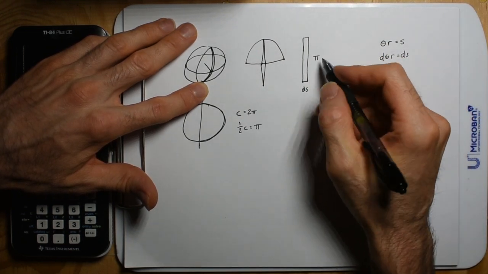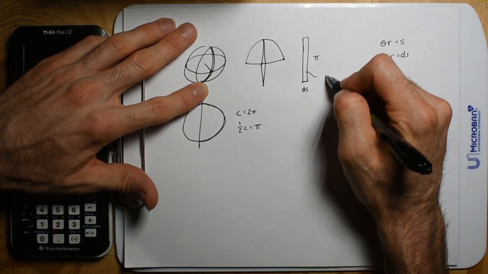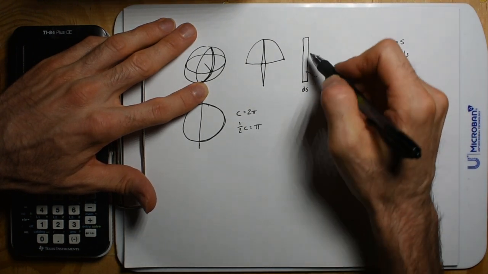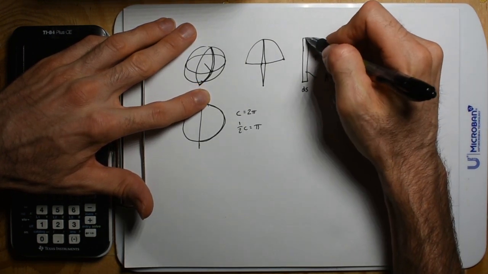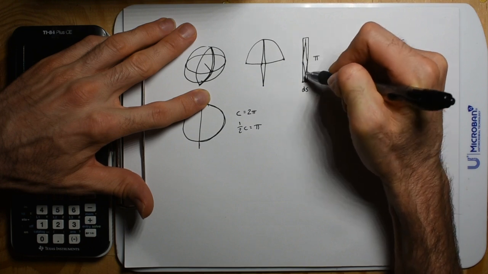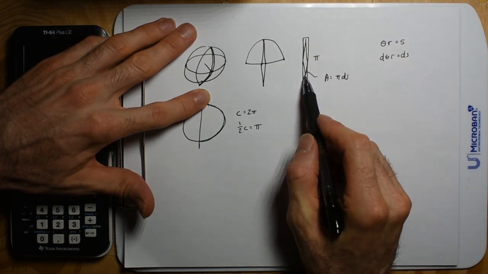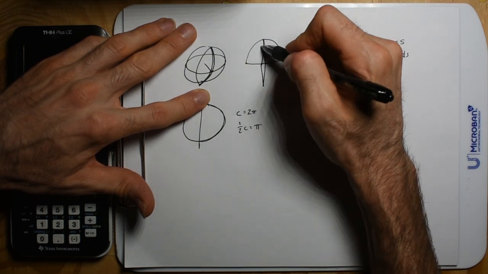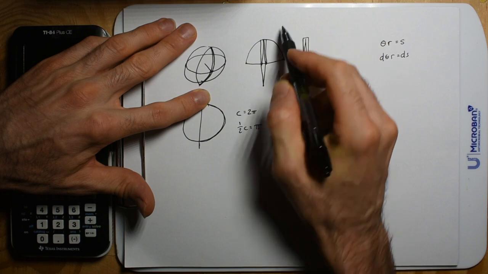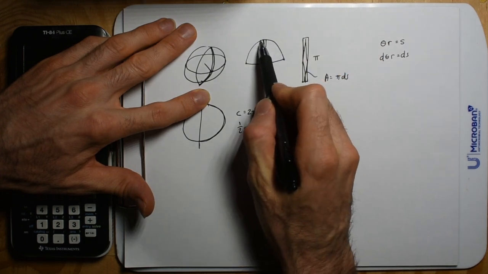And then I do know that the area of this is pi ds, but I need the area of this. And the diamond shape, this base is equal to that base.